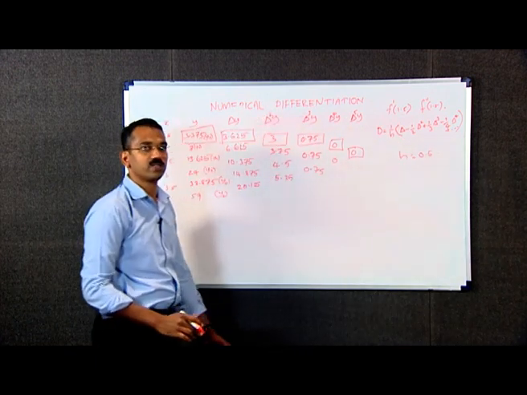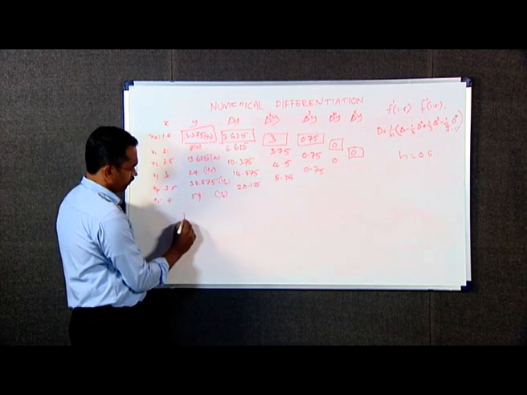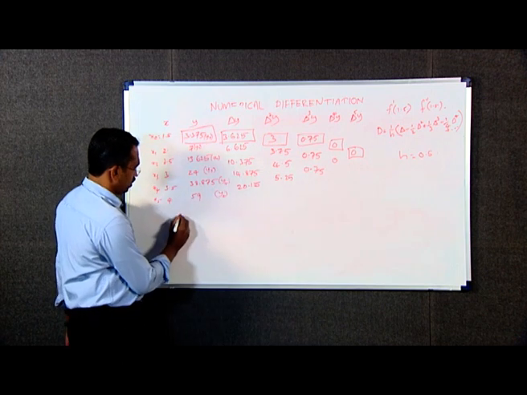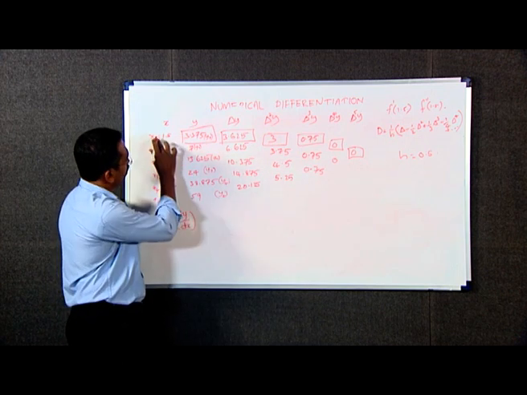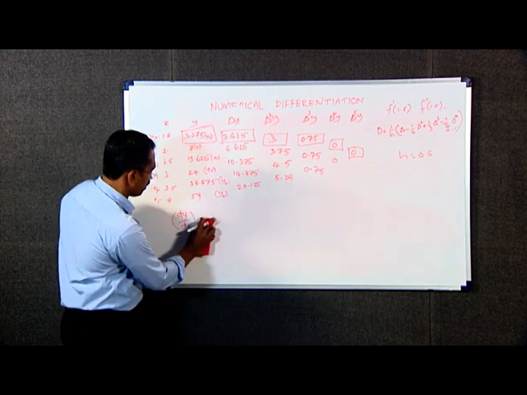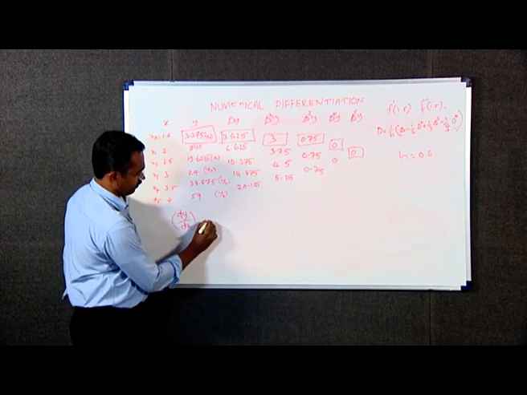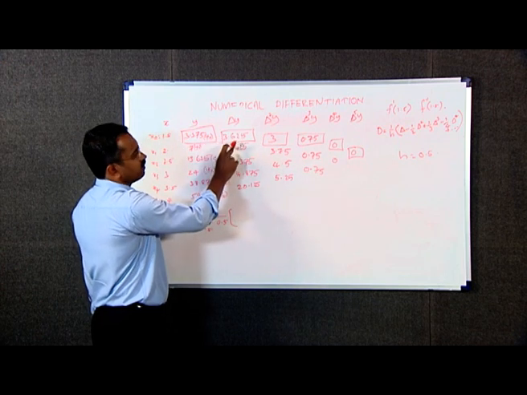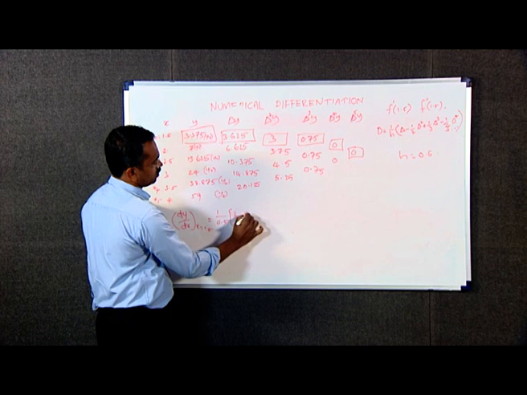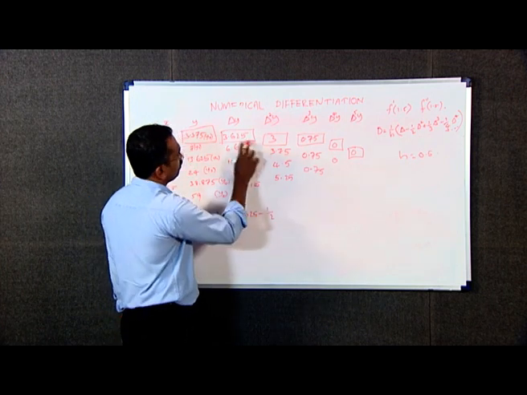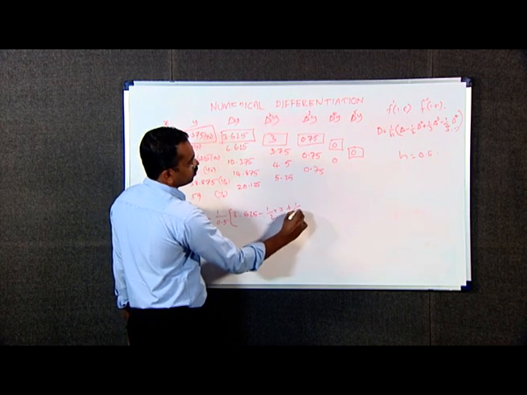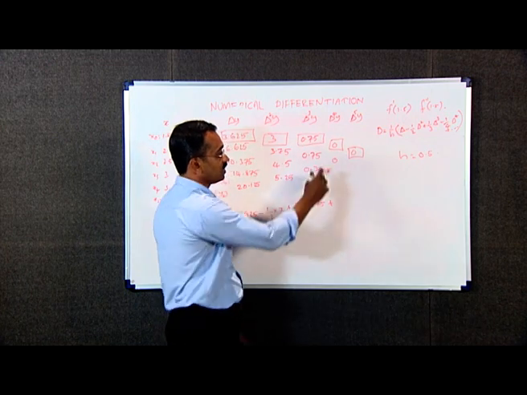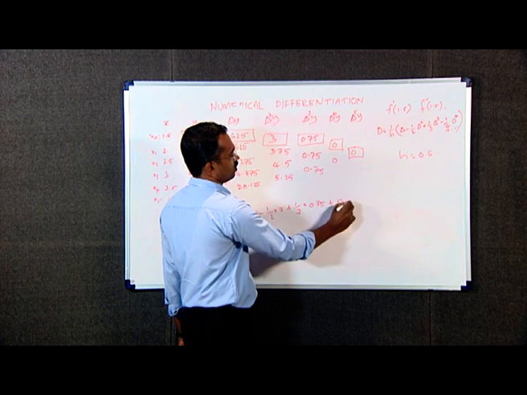Therefore, the first derivative, that means dy by dx at x naught, means x equal to 1.5, is equal to 1 by h into, that is 1 by 0.5 into delta y naught, that is 3.625, minus 1 by 2 into delta square y naught, which is 3, plus 1 by 3 into delta cube y naught, which is 0.75, plus the next two differences are 0, therefore, the corresponding terms are 0.